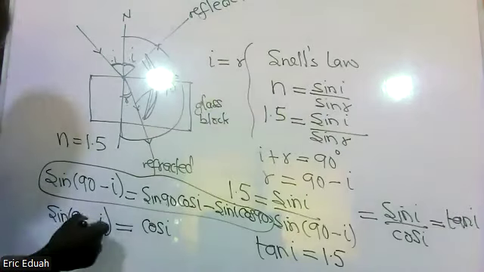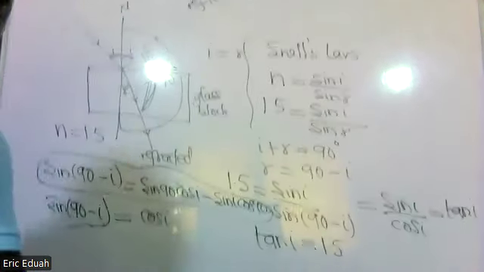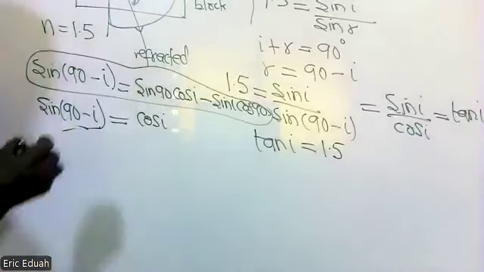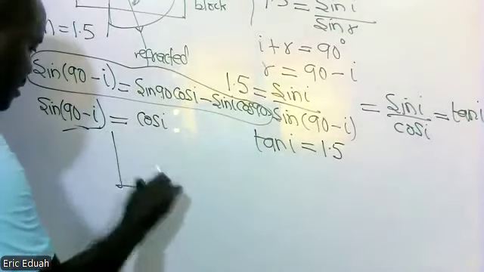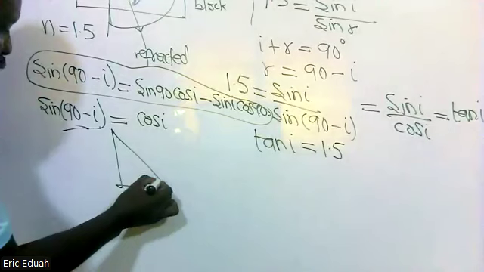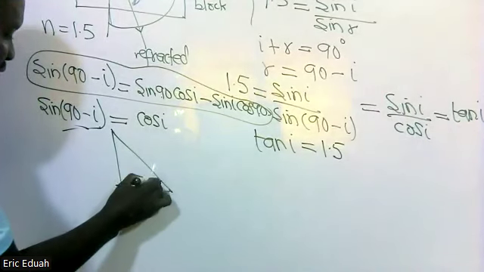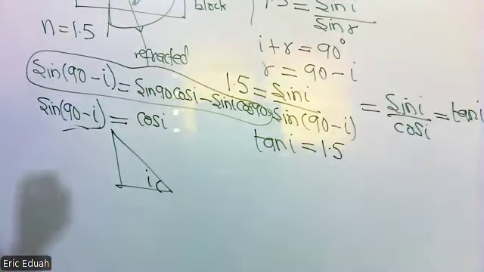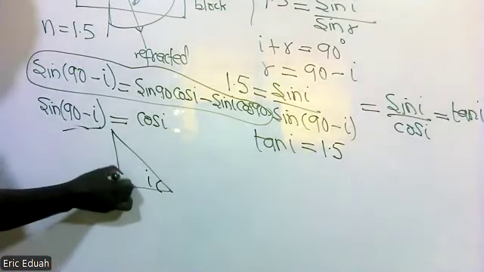Another way to also simplify this is to draw a right angle triangle with an angle of elevation I. Okay, this is a right angle triangle.